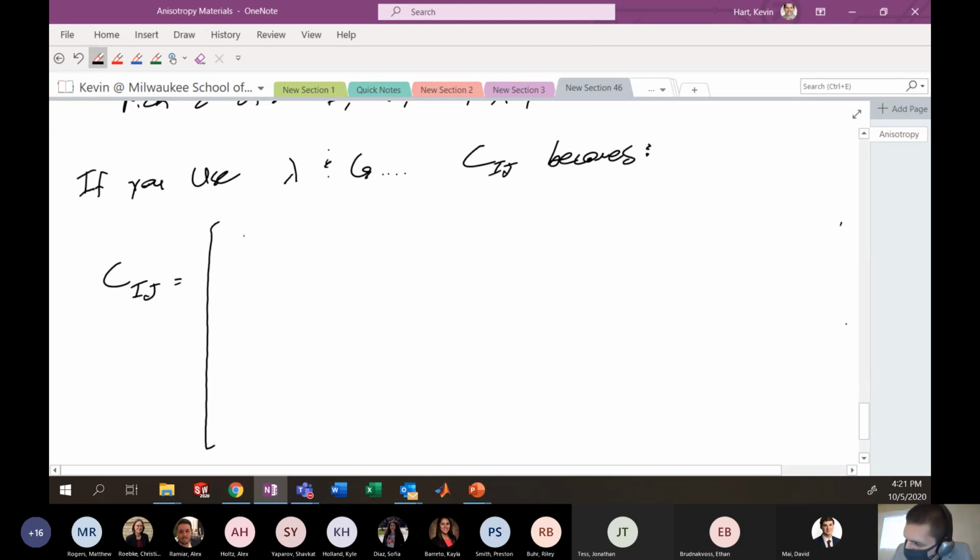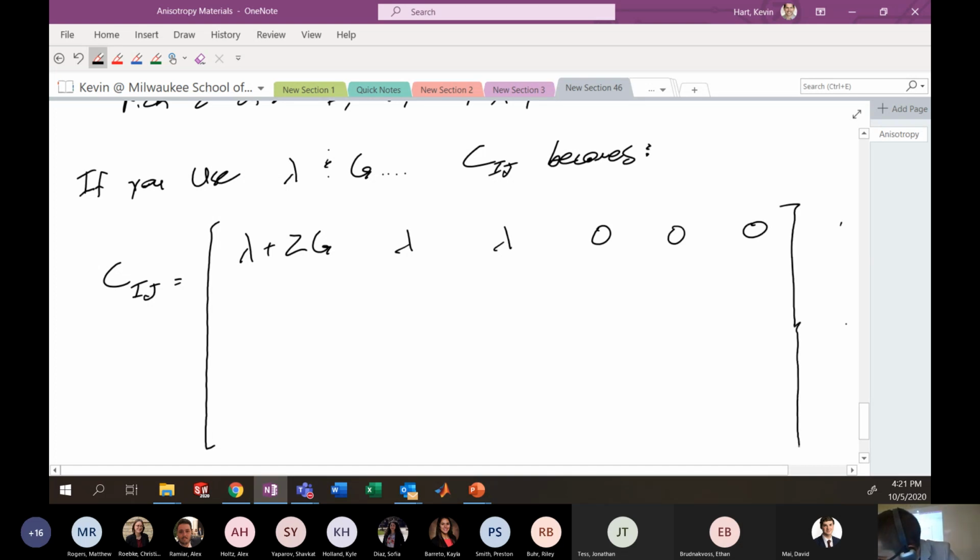Okay. Lambda plus 2G. Lambda, da, 0, 0, 0. That's what you all were thinking, right?